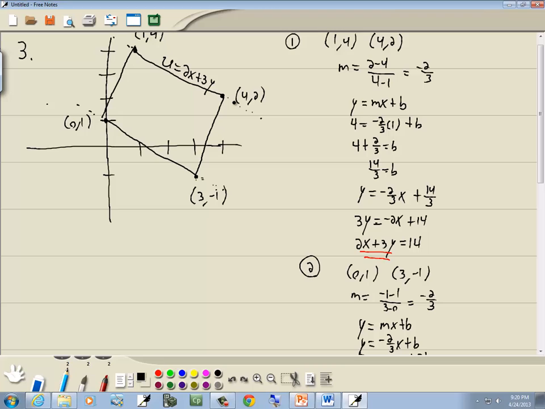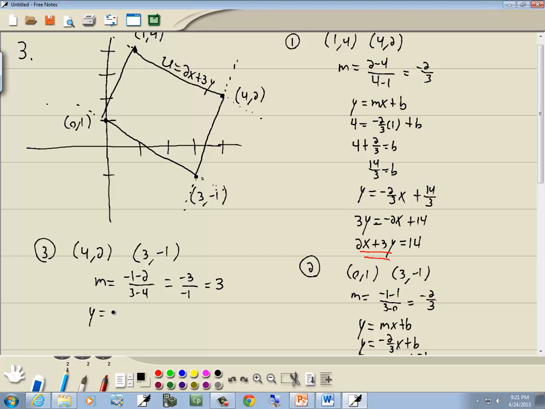Well, let's find this line going this way. So between (4, 2) and (3, negative 1). And so then m is equal to, subtract your y part, negative 1 minus 2 over 3 minus 4, which gives us negative 3 over negative 1, which gives us positive 3.